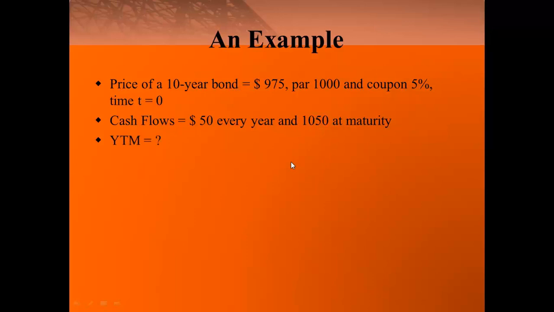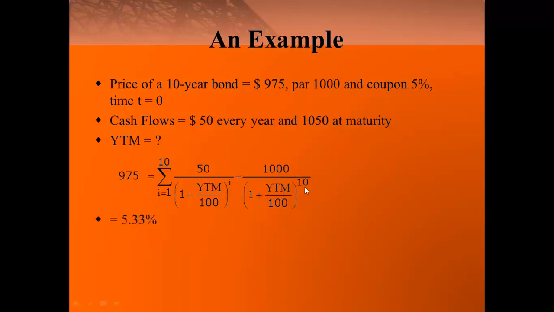So what is the YTM of this bond? We'll have to create the equation and see what rate will fit in for the YTM. So 975 is 50 divided by 1 plus rate to the power 1, 50 divided by 1 plus rate to the power 2, 50 divided by 1 plus rate to the power 3, and so on and so forth. And the final cash flow is 1050 divided by 1 plus rate to the power 10. And the answer to that is 5.33%.